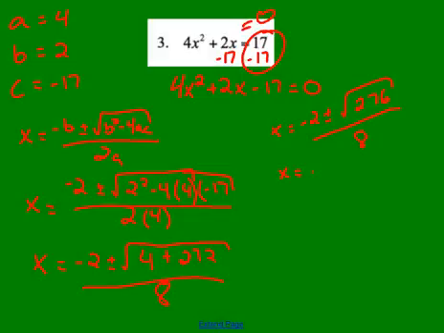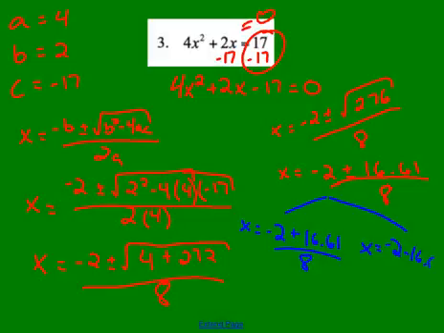X equals negative 2 plus or minus. If you have a calculator already, you did this and found out it's not a nice number. What we'll do here then is this is the step we'll go to. We'll do x equals negative 2 plus 16.61 divided by 8, and x equals negative 2 minus 16.61 divided by 8.